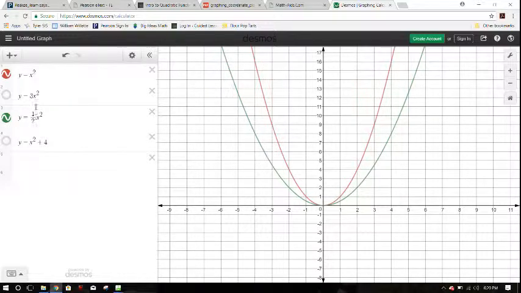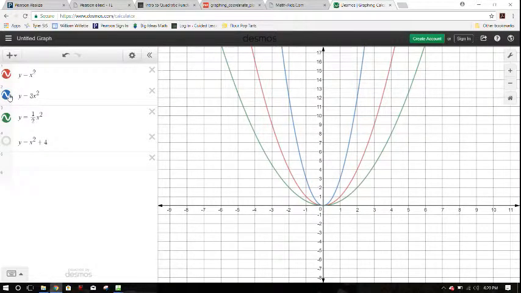So this term, which is the a term, the number in front of x squared, shows how wide or how skinny that parabola is going to be. And you can see it right there. So that's 3x squared, and then the green is 1/2 x squared, and then the red in the middle, that's our parent function.